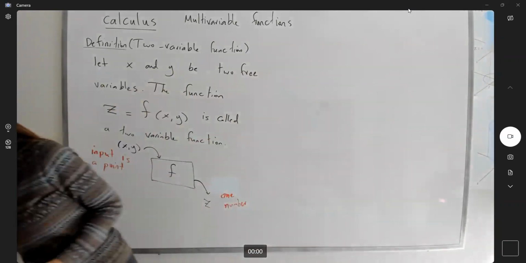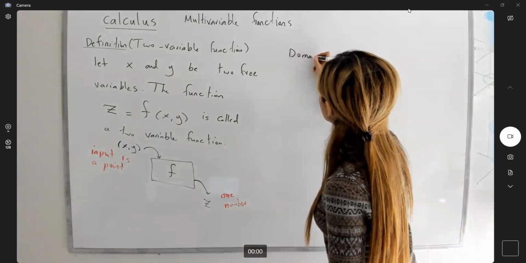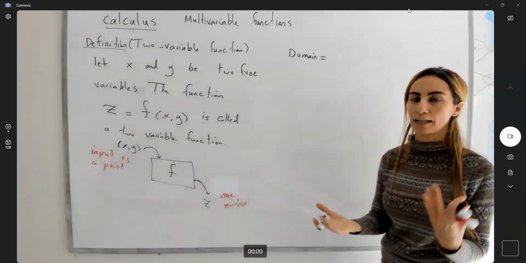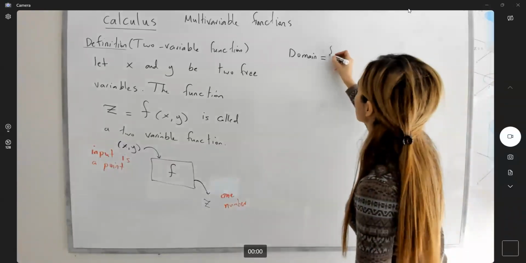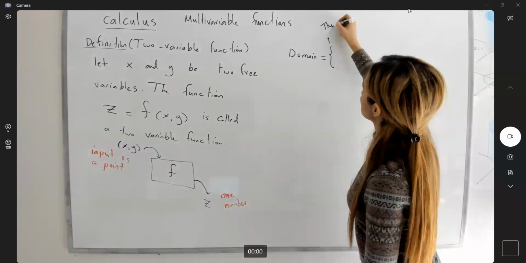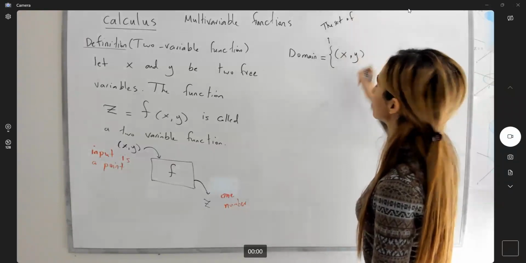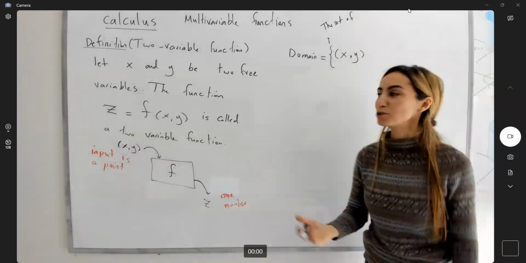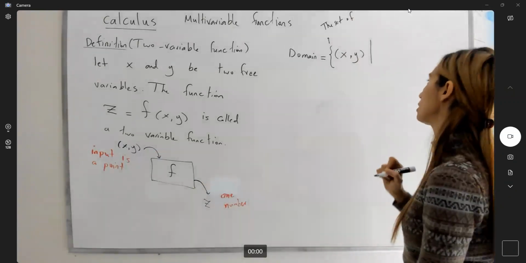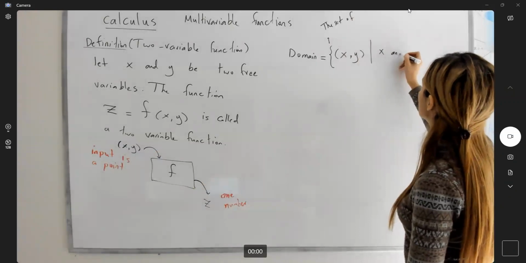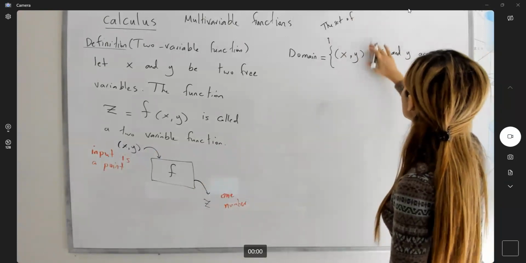What's the definition of domain and range? The domain of the function is equal to, remember, you're using set builder notation, the set of all (x, y). The input values are ordered pairs x and y such that x and y satisfy some conditions.